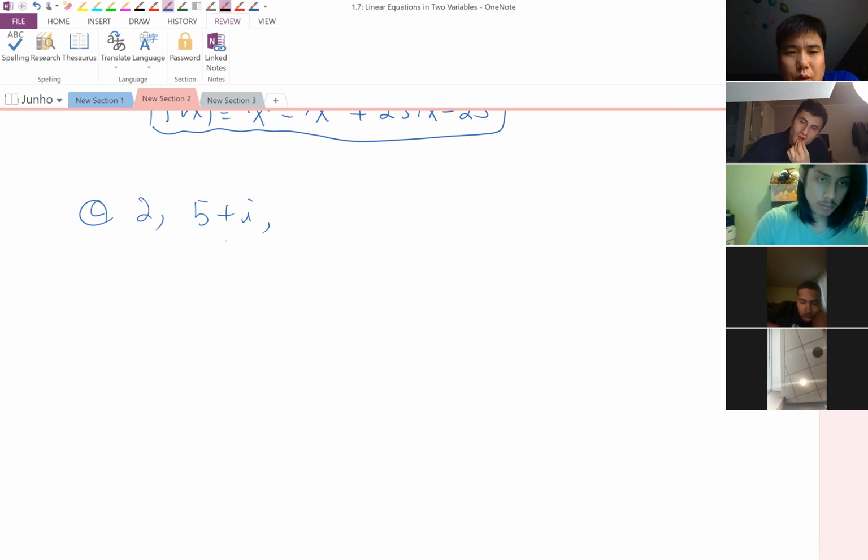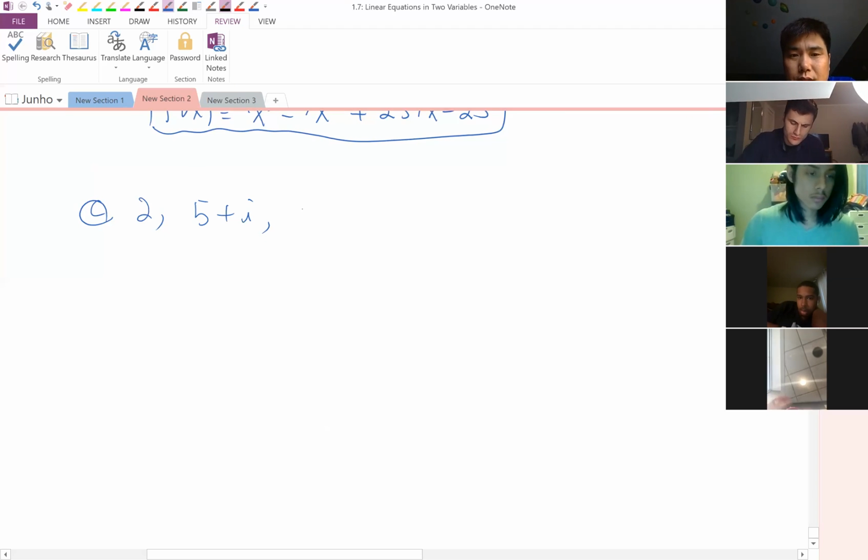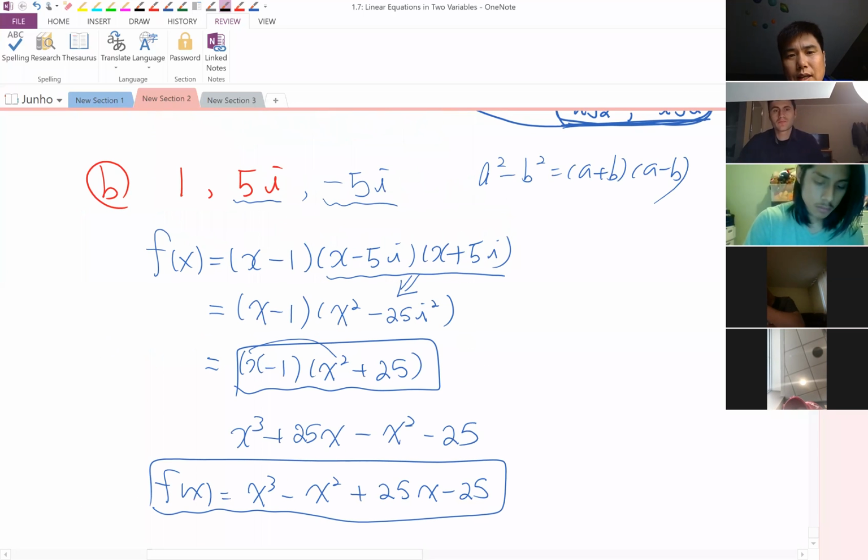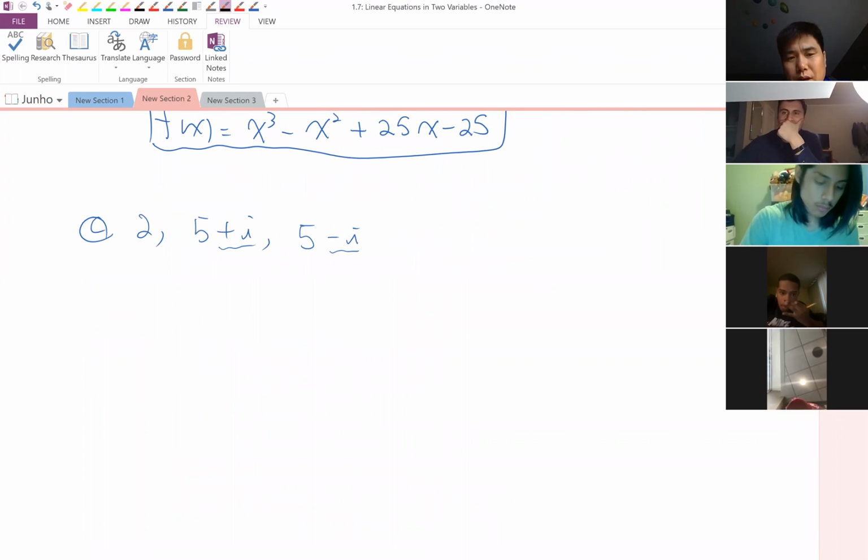What would be another zero? 5 minus i. Yeah, 5 minus i. Remember that you always switch the sign of the imaginary value. Before, we had only i, so we also switched to minus i, 5i, like opposite. Same thing, we have 5 plus i, so it becomes 5 minus i.